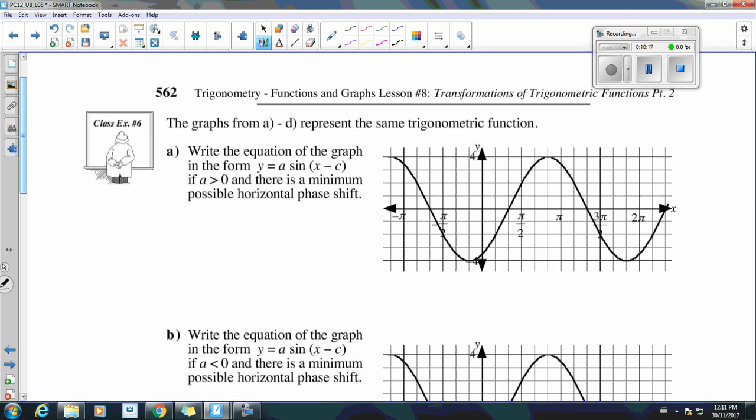So they give us some extra information to point us in the right direction for what equation they want. So here we're saying there's no reflection, so A is going to be positive. It's also telling us to use a sine equation and the minimum possible phase shift.